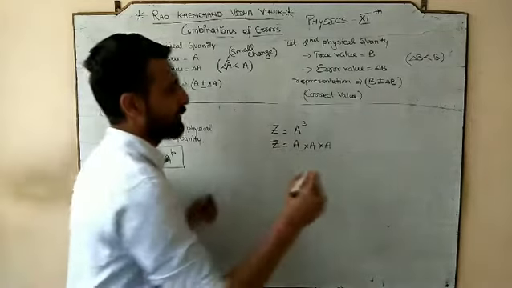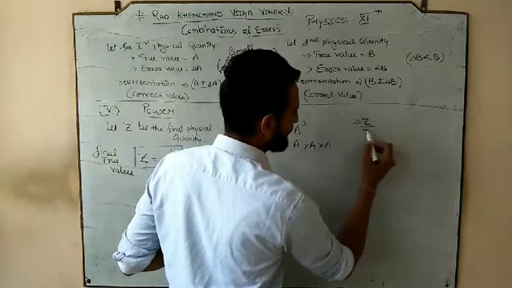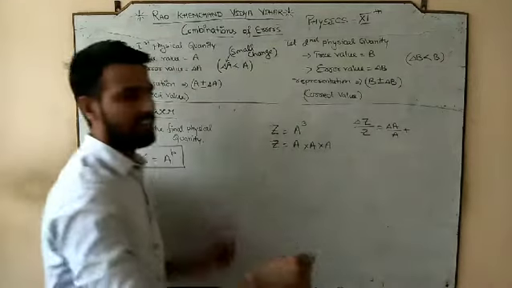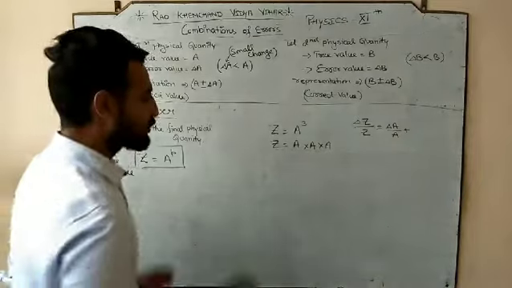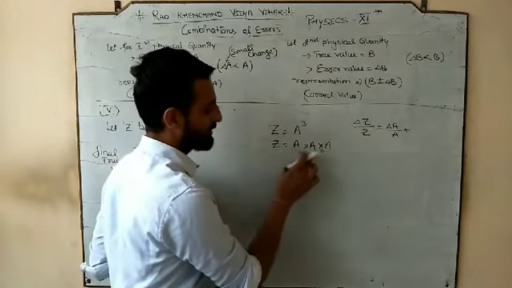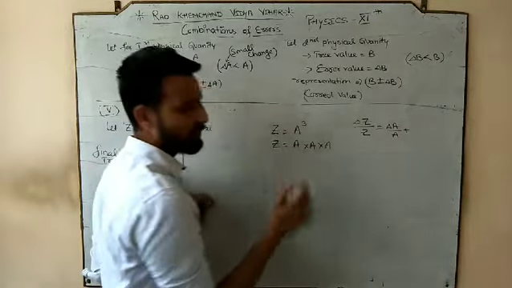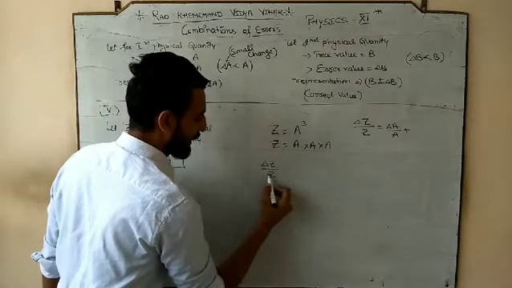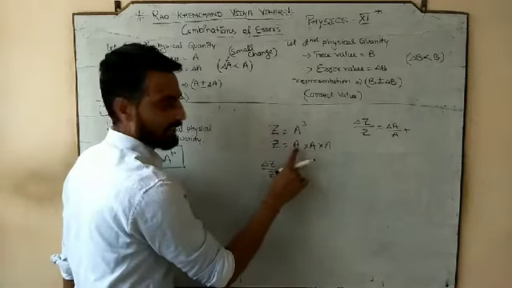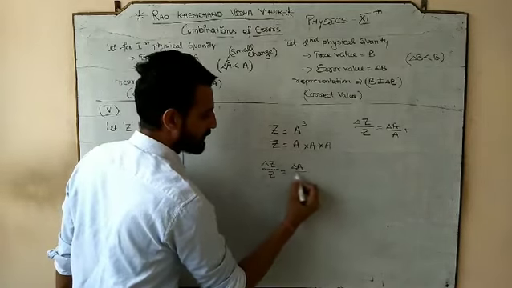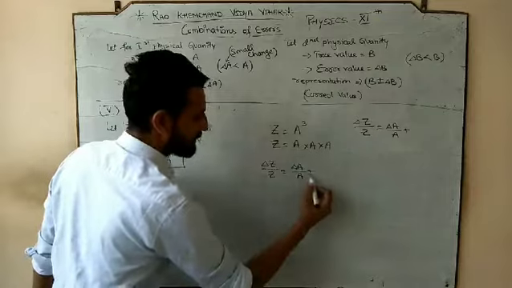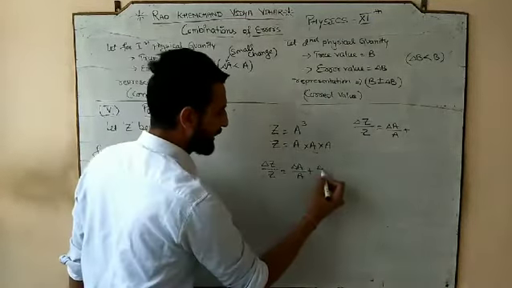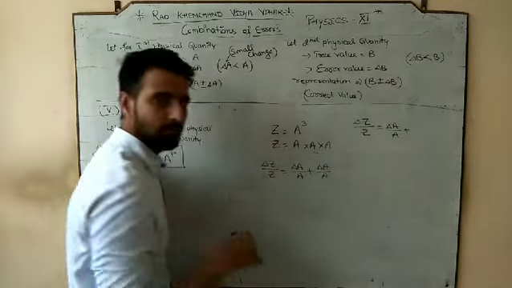And what is the result of the multiplication operation? Delta Z by Z is equal to the relative error of first plus relative error of second plus relative error of third. So if Z is the product of first, second, third, but all three quantities are the same, what would be the final relative error? It is the relative error of first, plus the relative error of second, which is again a, so we repeat it because it is the same.